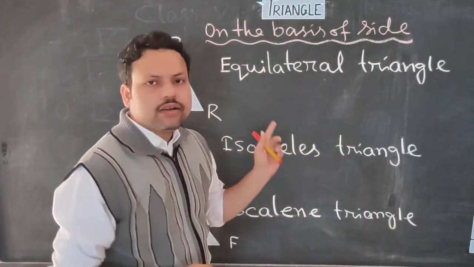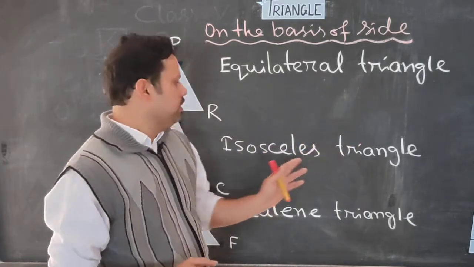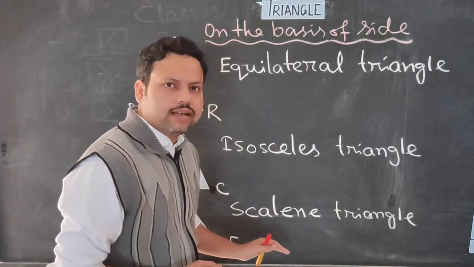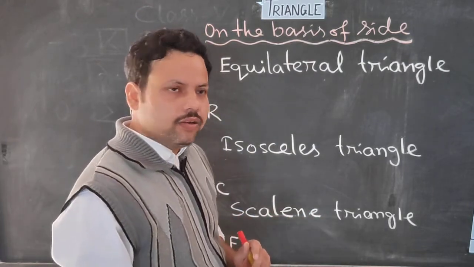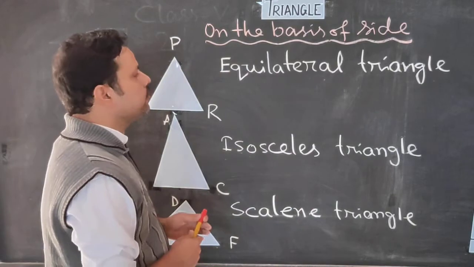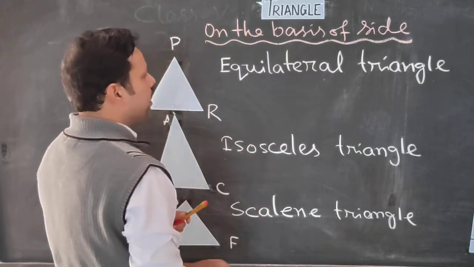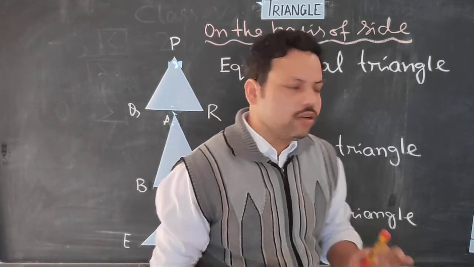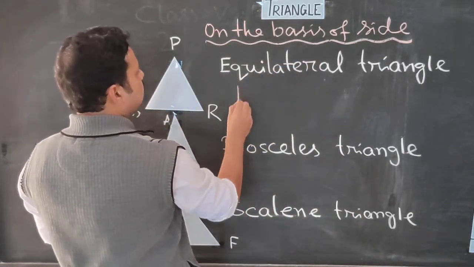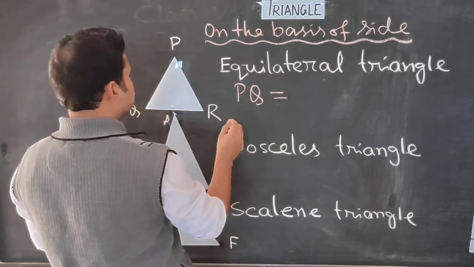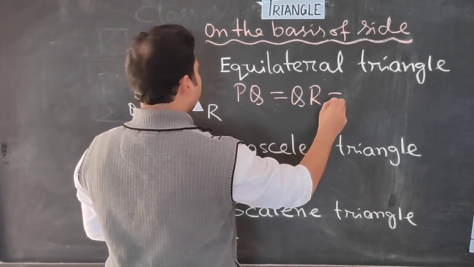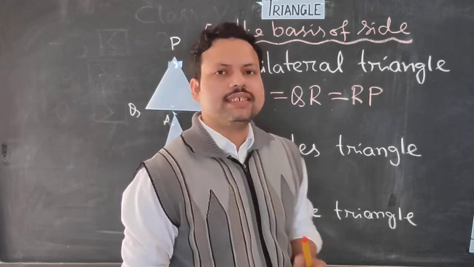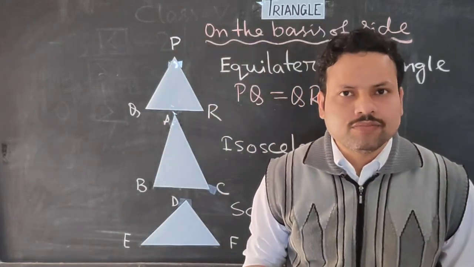First one equilateral triangle, next one isosceles triangle and third one scalene triangle. Now, first one, equilateral triangle, where all the sides are the same in length. All the sides means here PQ equals QR equals RP.